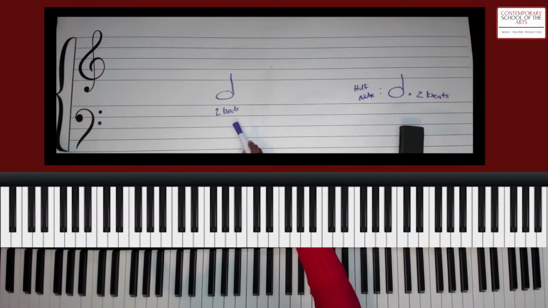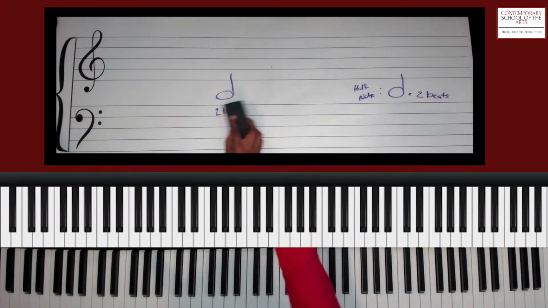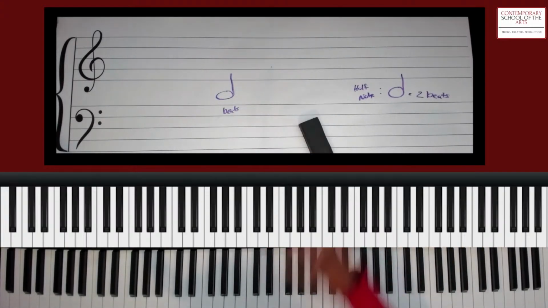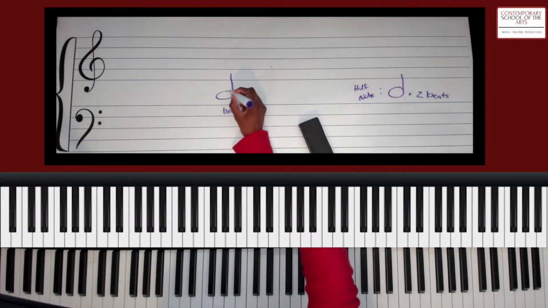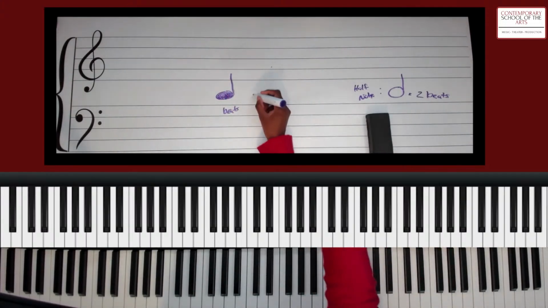We already have our half note, so we can change this to a quarter note by filling in the note head. Now my marker is purple because that's what I was working with, but obviously it would be black. Okay, so here's our note head.